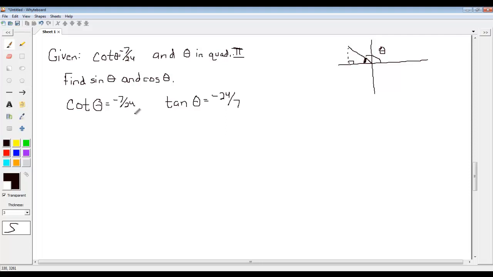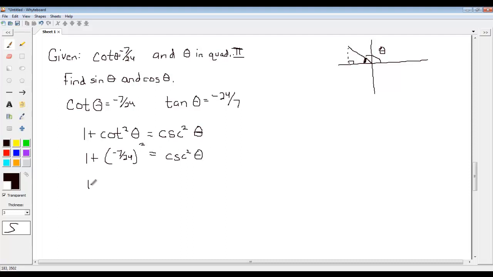We do have that identity that says 1 plus cotangent squared theta equals cosecant squared theta. I wonder if that would do us any good, because cosecant is the same thing as 1 over sine. So if we find the cosecant, we can find the sine. Let's try that. 1 plus negative 7 over 24 squared equals cosecant squared theta.